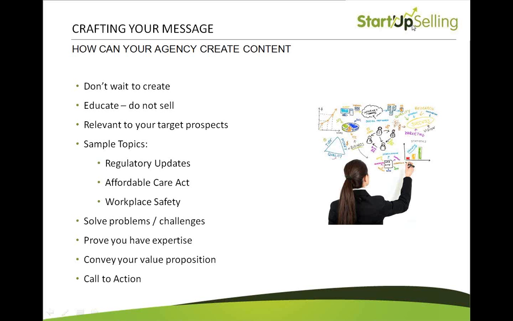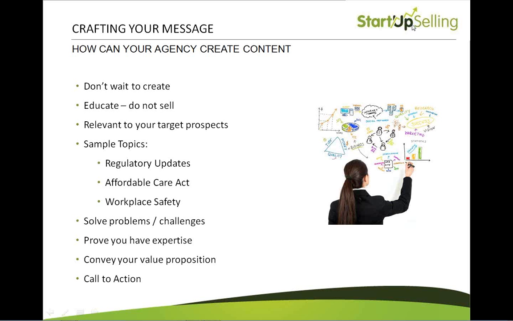Some samples, regulatory updates. Those are very powerful. Always get great traction, create great content. Those might be for transportation type industries or contractors, highly regulated industries that have many agencies watching over what they're doing. The Affordable Care Act, for all of you that sell benefits. Of course, you've been talking about it daily.